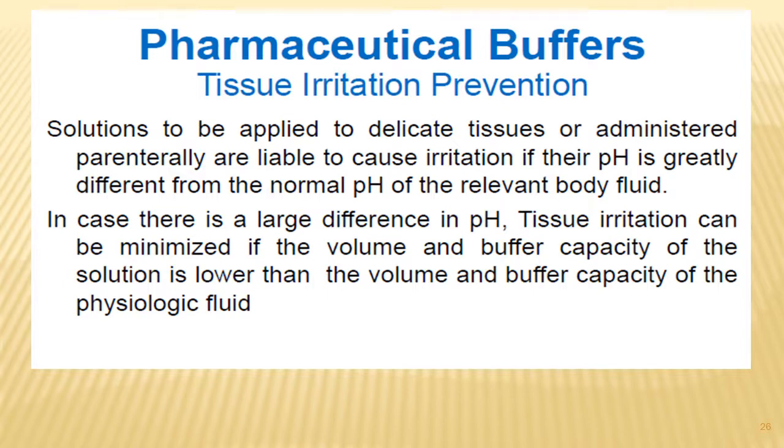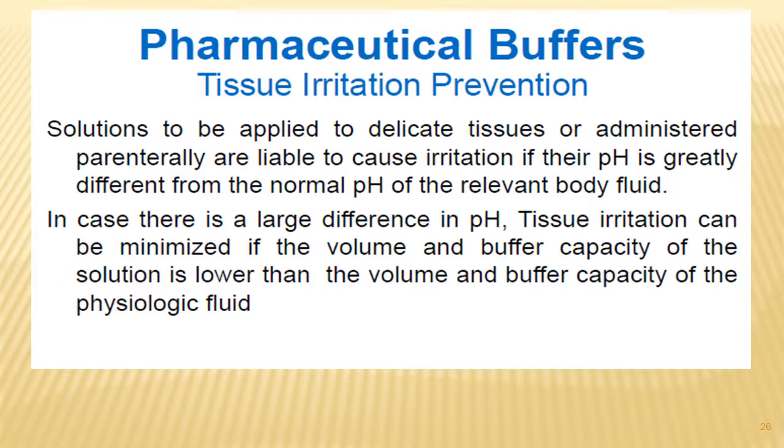It should not be formulated at more or less than neutral pH or an isotonic solution, which may cause some irritation or toxicity, in addition to decreased therapeutic activity and some adverse effects that affect the patient while using such medicine, whether parenteral or even ophthalmic preparation.